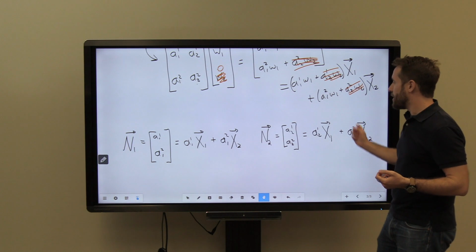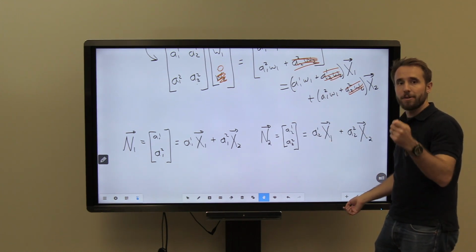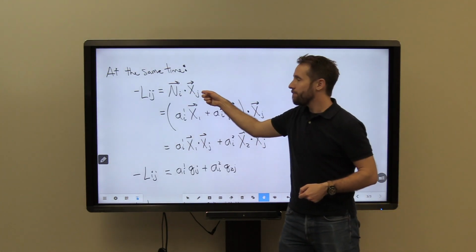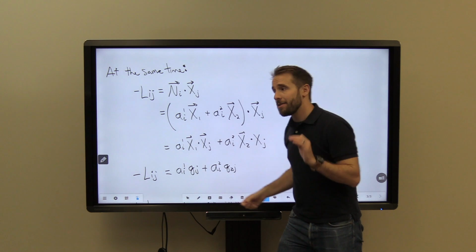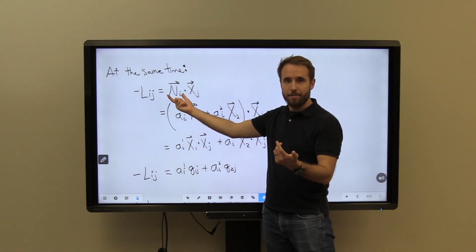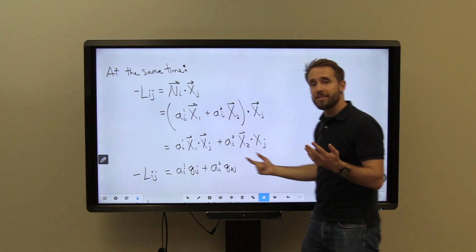So to try to uncouple the a's from these x's and start isolating the a's, I'm going to bring back in my second fundamental form. In particular, I'm going to replace my n_i, what I am hoping to isolate here, with what I found on the previous slide.